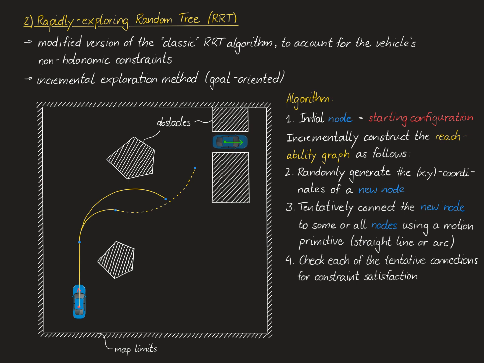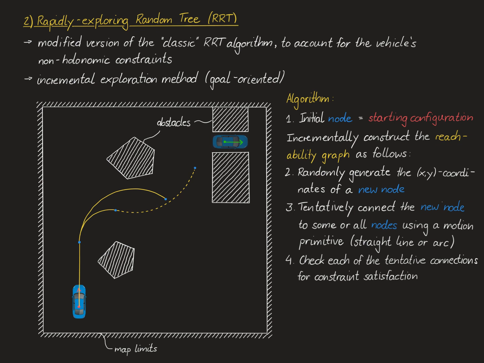Collision checking is a whole new topic in itself, and we will not deal with this in any more detail at this point. Now, in our example, there's only one feasible motion primitive left that connects the new node to the existing reachability graph, meaning only one motion primitive which satisfies all of the constraints.